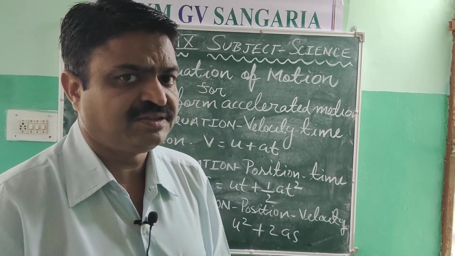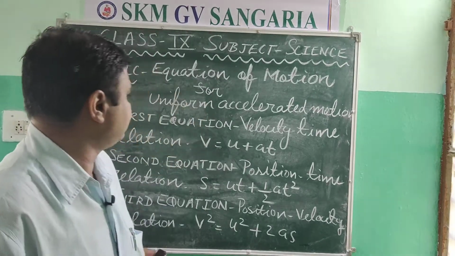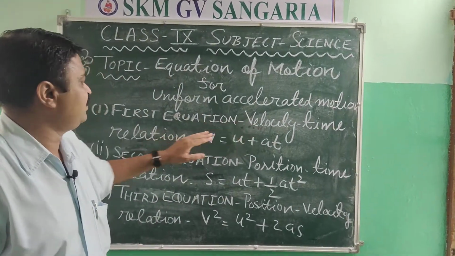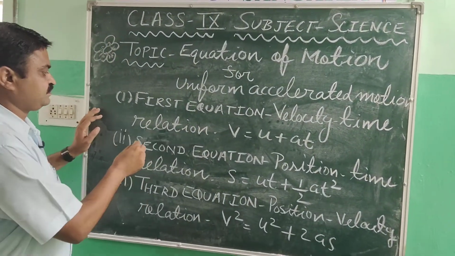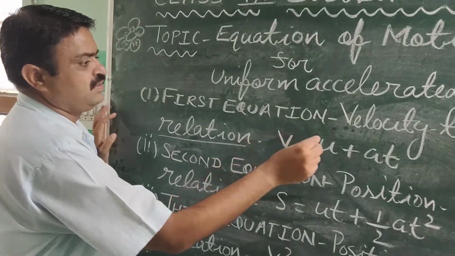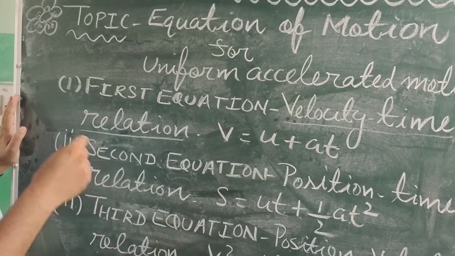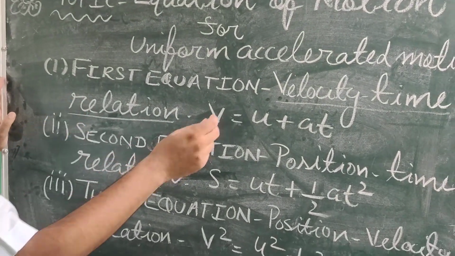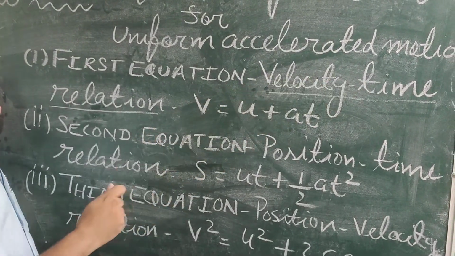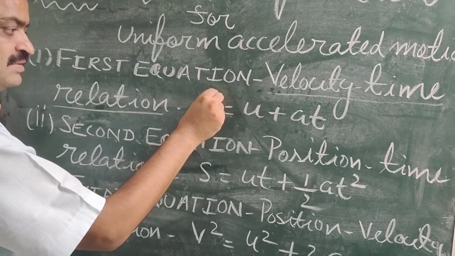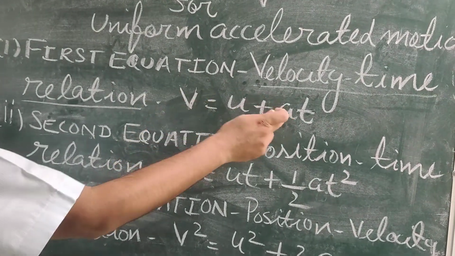So the first equation of motion is the velocity time relation. With the help of this equation of motion we can relate the velocity and time, and it contains the different velocities with acceleration.